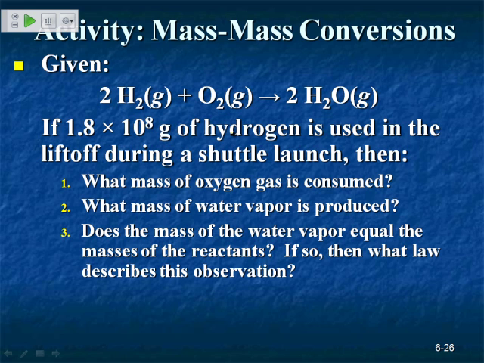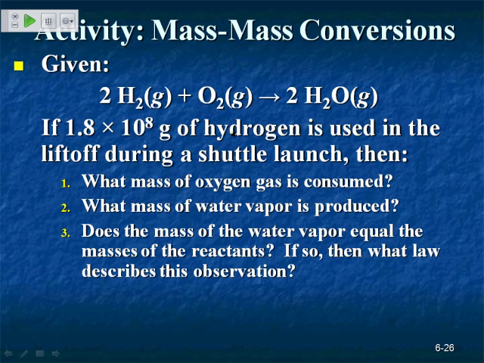It is a very clean reaction, because the product is water, which is released as steam. That's why you see this big cloud following a shuttle launch. If you see the pictures on TV, when the shuttle goes up, it releases a lot of hot steam, like a hot cloud. So this is the reaction they use in shuttle launch.